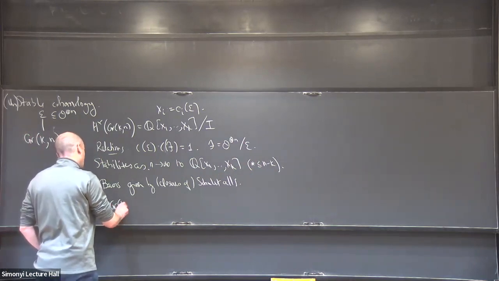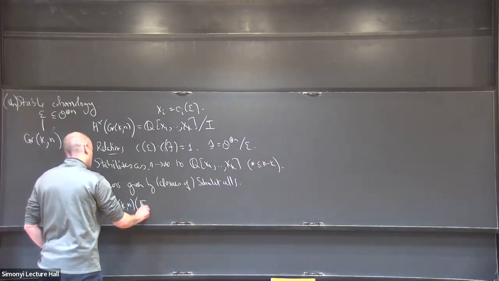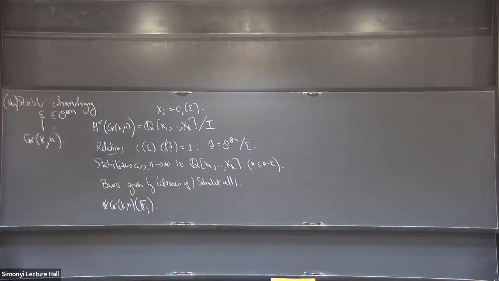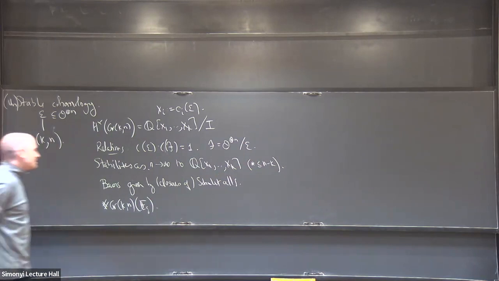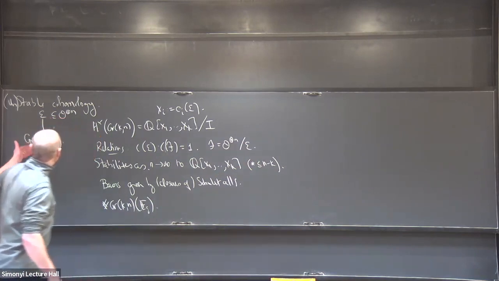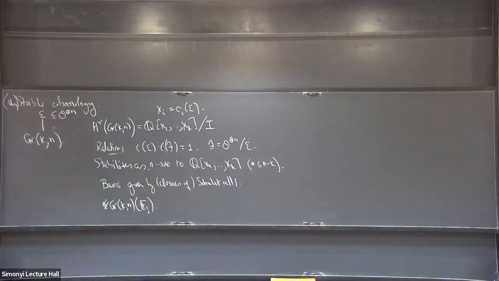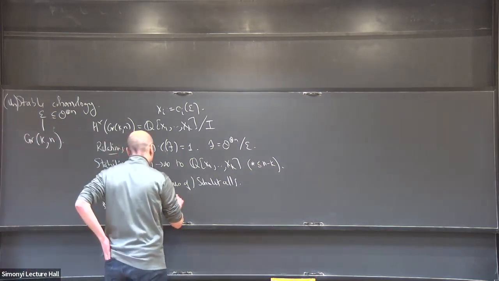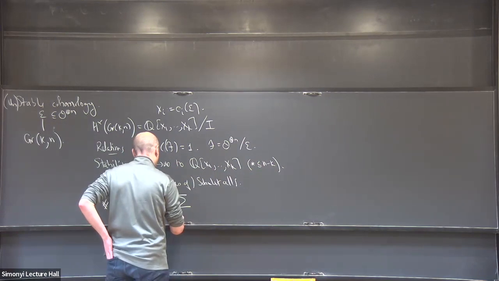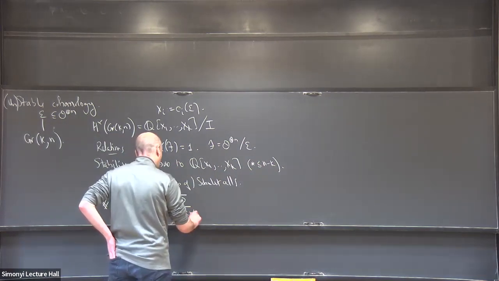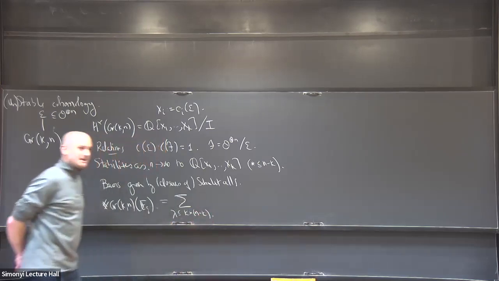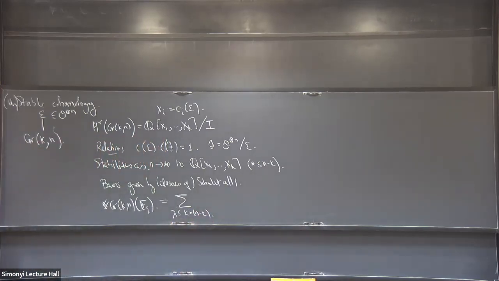So the analogous enumerative problem would be to count F_q subspaces of F_q^n. And we could do that by just stratifying our Grassmannian, taking a disjoint union of Schubert cells. And so this is going to be the sum over partitions that are contained in a k by n minus k rectangle.